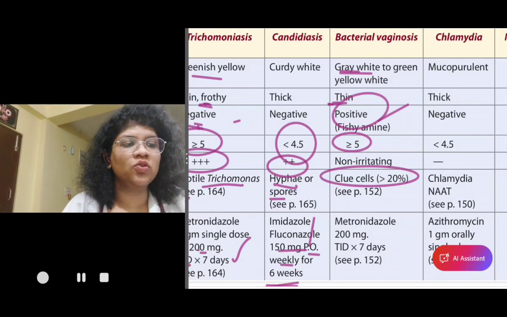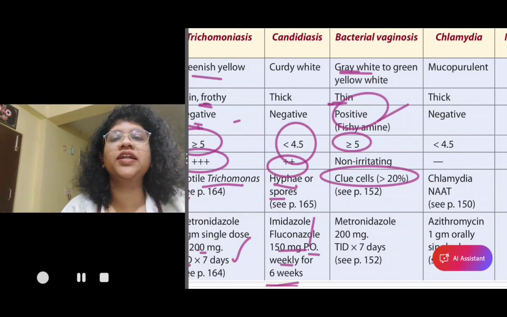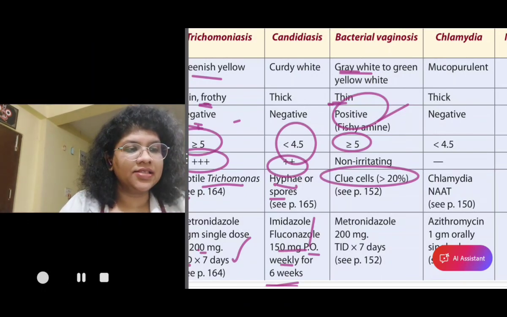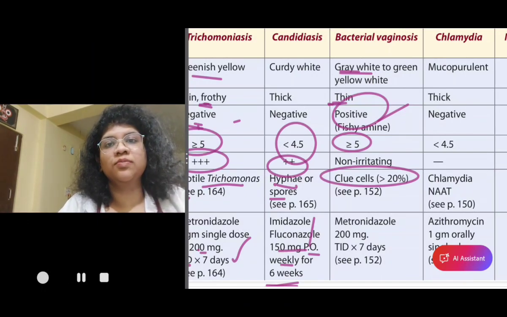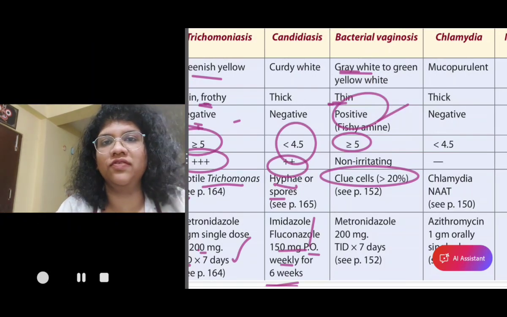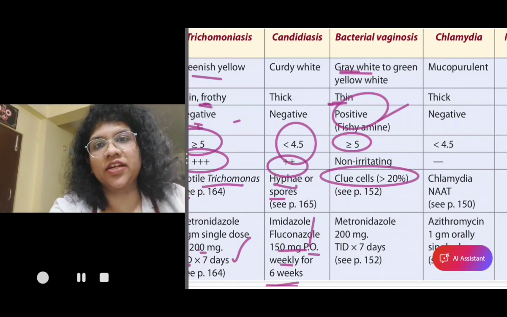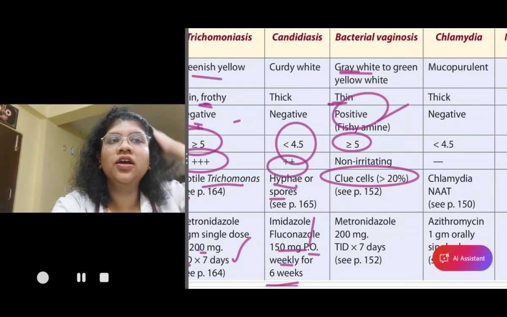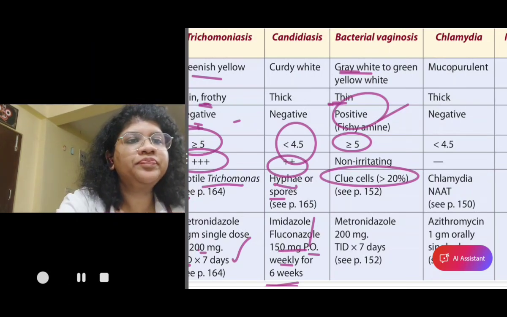Now these stippled epithelial cells are known as clue cells, and clue cells more than 20% seen under the microscope is positive. Okay, and it is seen in bacterial vaginosis. Very, very characteristic, that is clue cells and positive whiff test.